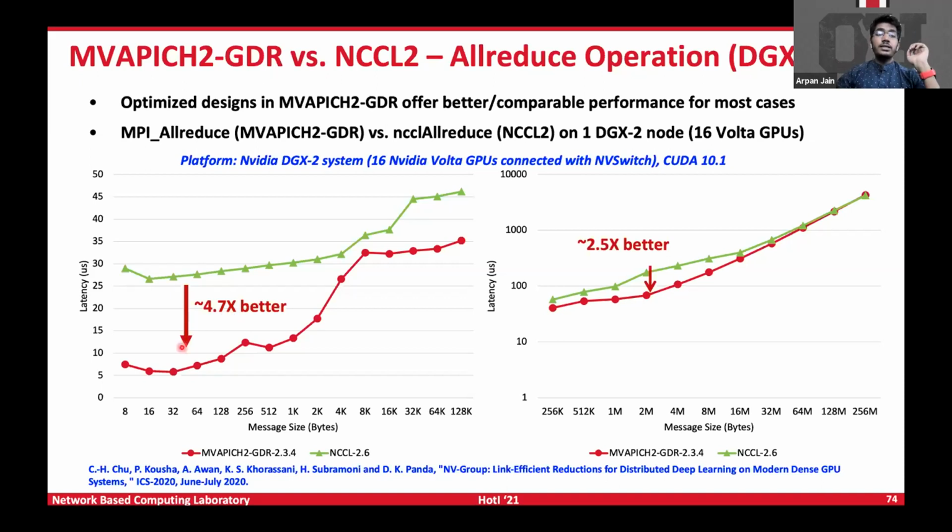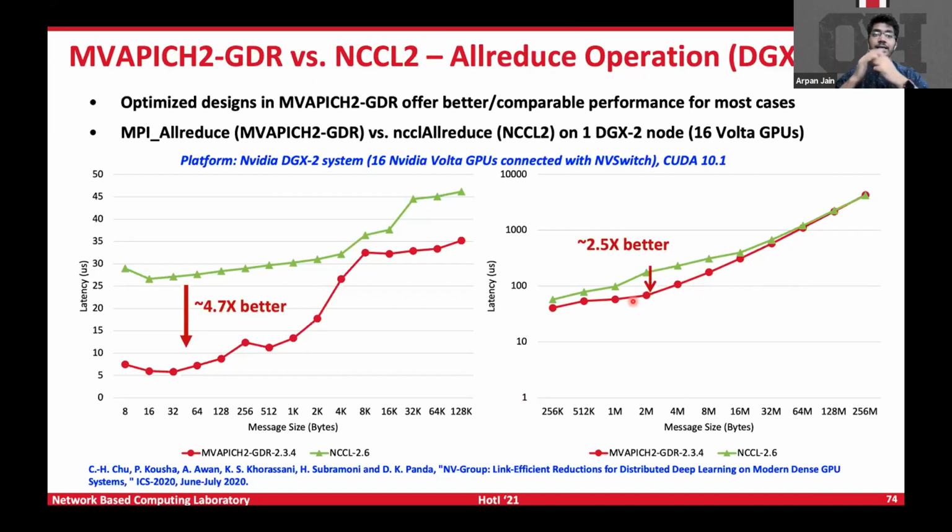This is the message range where most of the HPC applications are, and here the MPI provides very good performance. However, in the next graph we are also showing the performance for very large messages, where we are up to 2.5x better than NCCL, or we give similar performance.